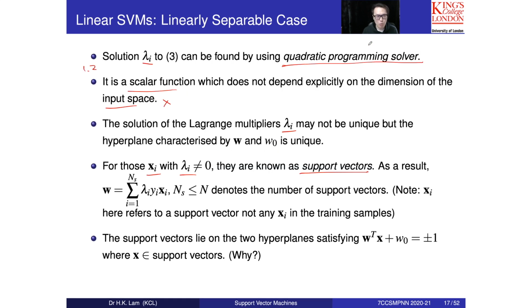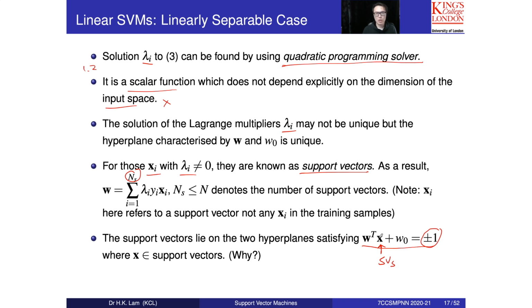I will explain why later on. So W can be contributed by those X belonging to the support vectors, where NS is the number of support vectors. For those support vectors, according to what we have defined, when you substitute X into this fx, it will give you either +1 or -1 depending on the label of X.